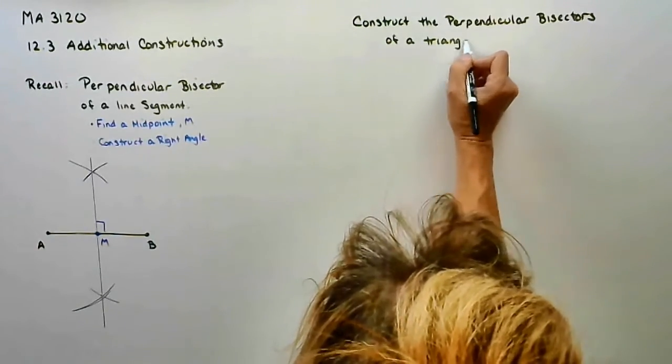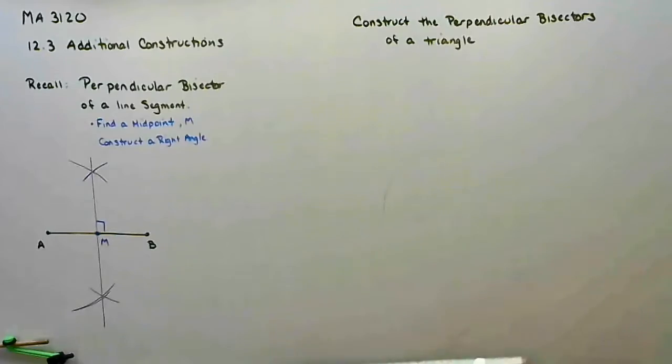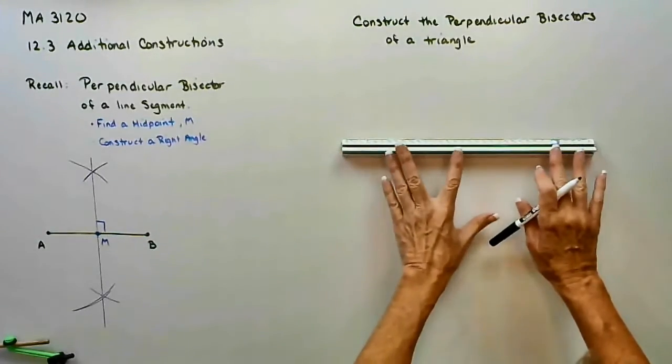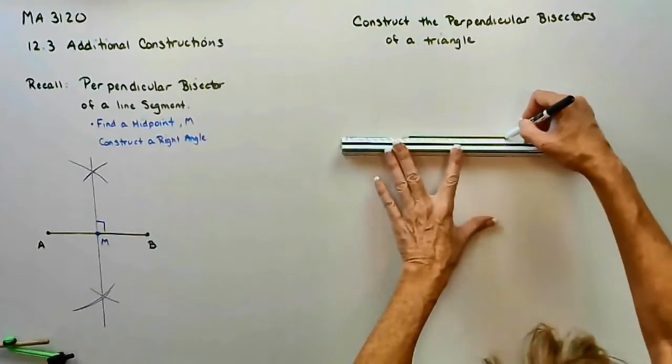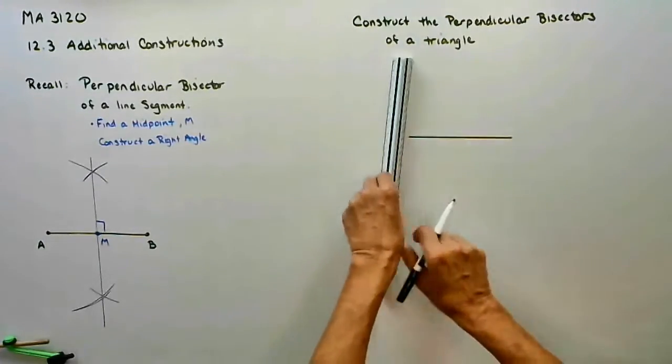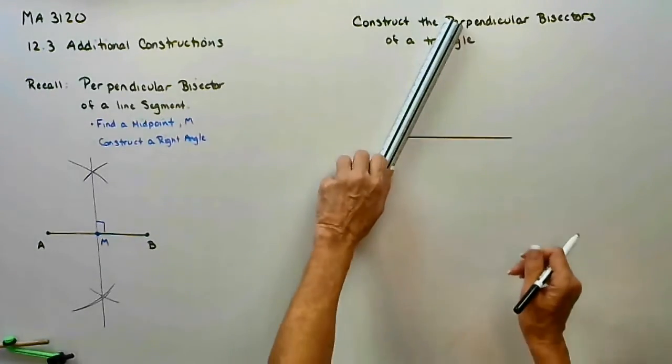So I gave you a triangle if you printed that out, or start with any triangle. Just try to leave yourself room to make construction marks. It does not have to be equilateral. I gave you triangle ABC.